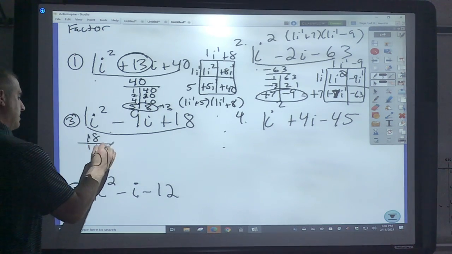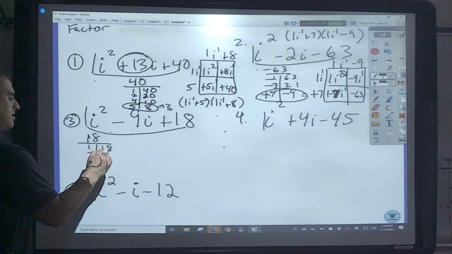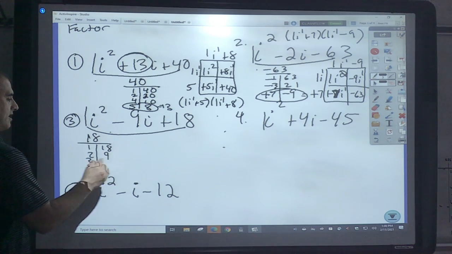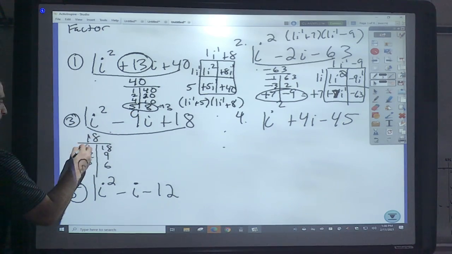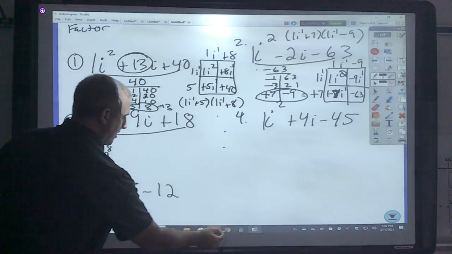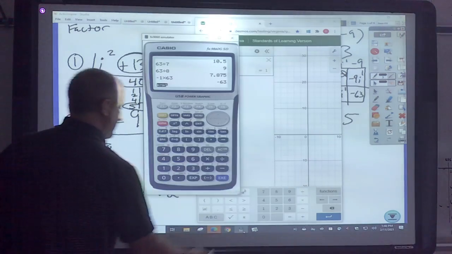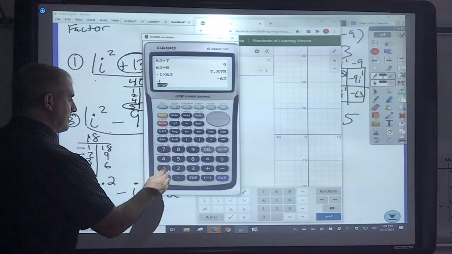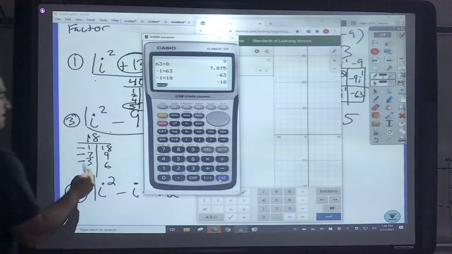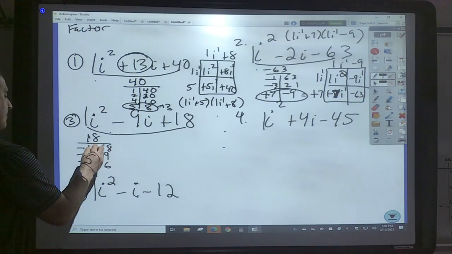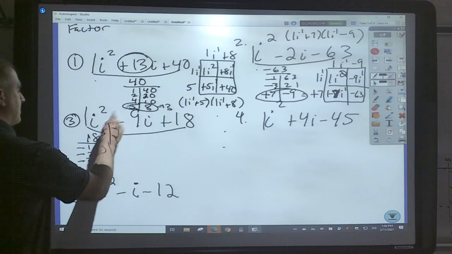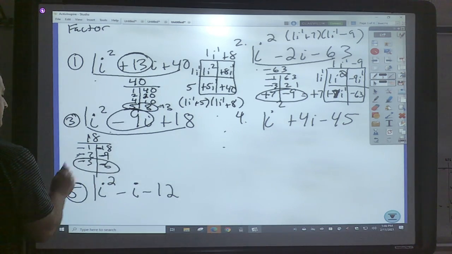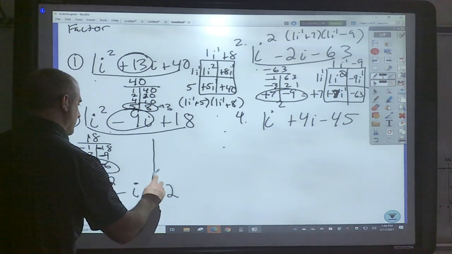Factors of 18: 1 and 18, obviously, 2 and 9, 3 and 6, 4 and 5 don't work. Since I see negatives, I start out by making one side negative. But when I do -1 times 18, that's in my chart, does it match? No. So I have to make both sides negative. I'm looking for the set that adds up to -9. That would be this set, -3, -6.